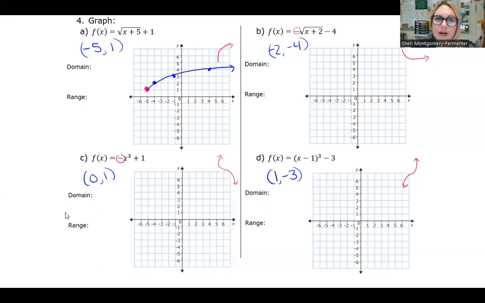I'm going to make all my graphs, and then I'm going to go back and do the domain and range. So for this one, same idea. I'm going to put my point at -2, -4. There's my point. This time, instead of when I move over 1, I'm going to go down.